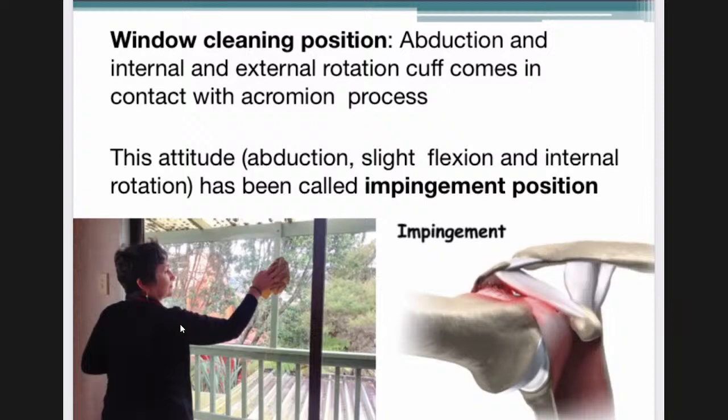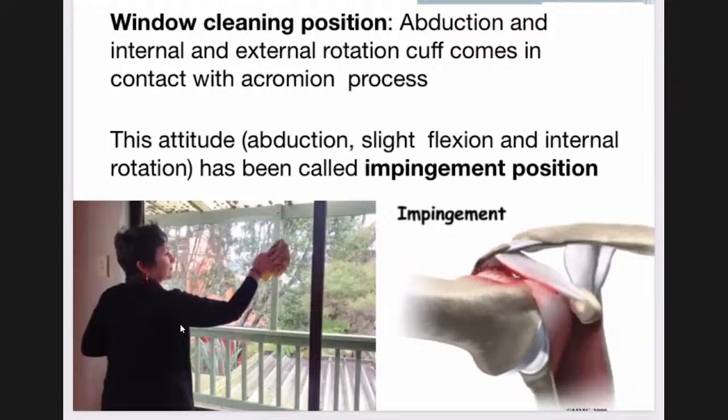For example, this lady who's wiping the window pane, this is known as the window cleaning position. So in this position of slight abduction, flexion, and internal rotation, if there is repeated internal rotation and external rotation movement performed, then this can lead to the impingement of the supraspinatus under the coracoacromial arch.